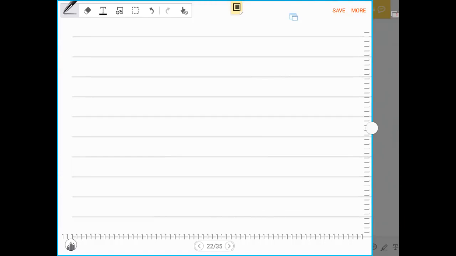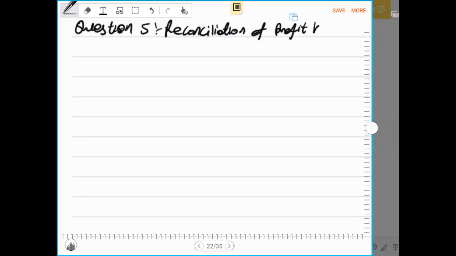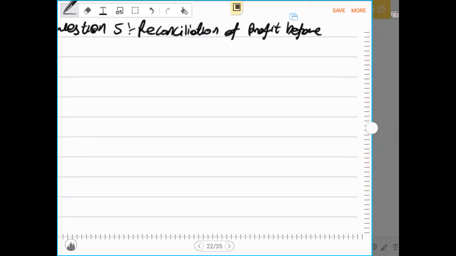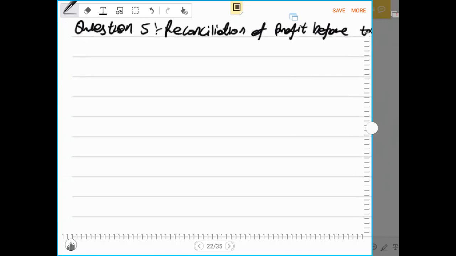So now this is where we start in question 5, and we are doing the reconciliation of profit before tax with cash generated from operations.